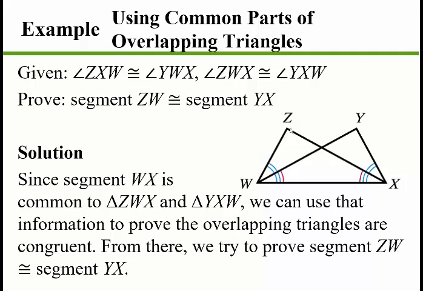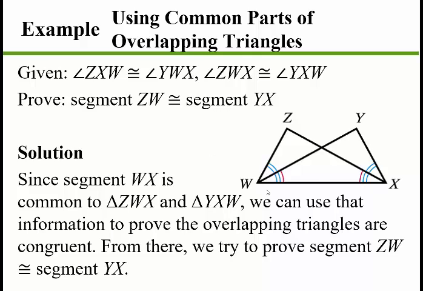And then angle ZWX is congruent to angle YXW, right? So you're seeing that the little interior angles are congruent and these exterior blue angles are congruent. Let's prove that segment ZW, this segment right here, is congruent to segment YX, this segment over here.